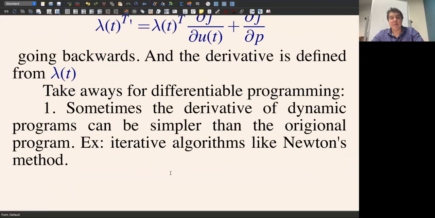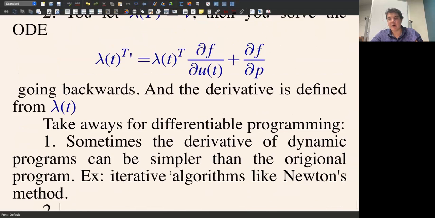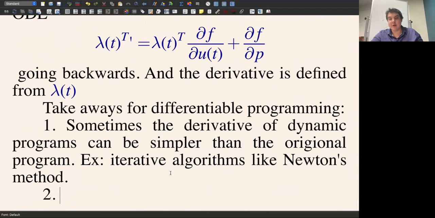So if you think about derivatives of computer programs, sometimes the derivative is actually much different than the way that you would have computed it naively looking at the computation graph, right?